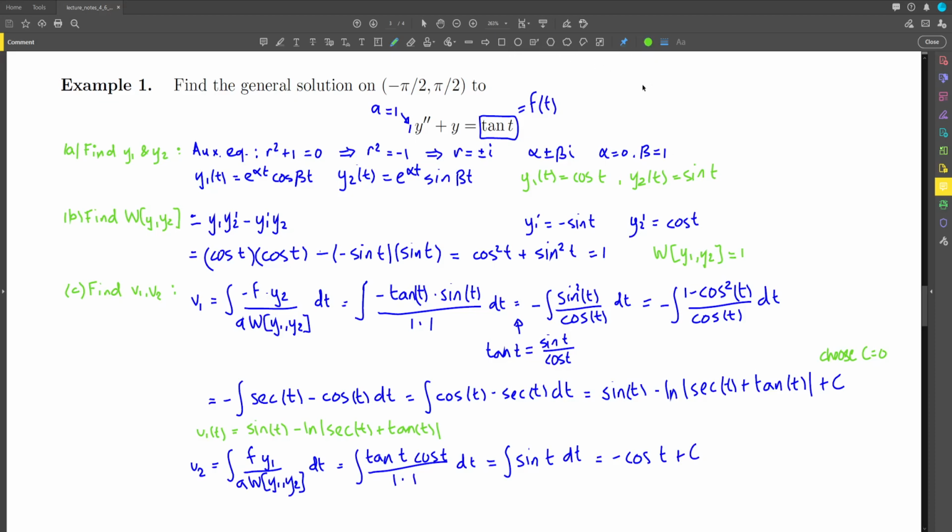Now, again, we're going to let that be equal to 0. And so our conclusion is that V2 of t is negative cosine of t.